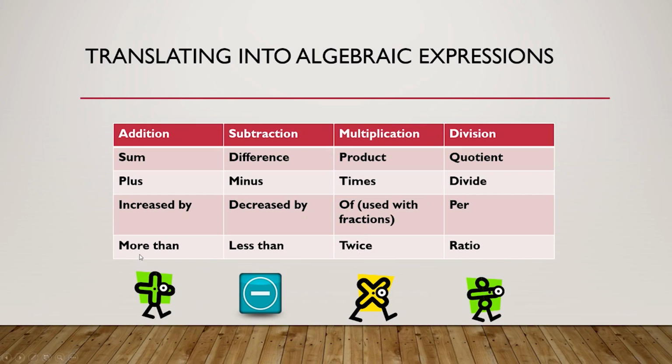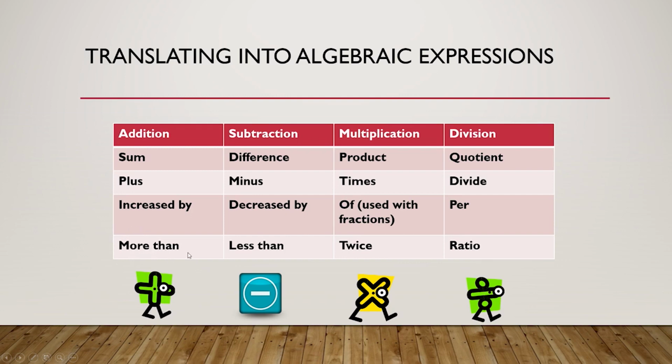And if you see more than or less than, more than would be plus, and technically you have to switch the order, but it doesn't matter in the long run because it's plus. Since you're adding, the order doesn't matter, so if you translate it and you're told to simplify it, you can still get it right.